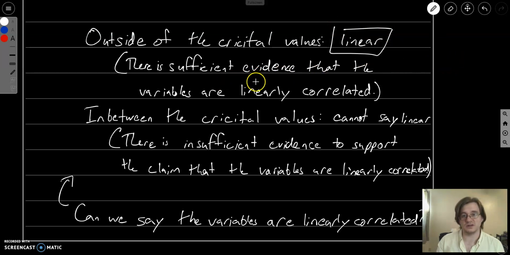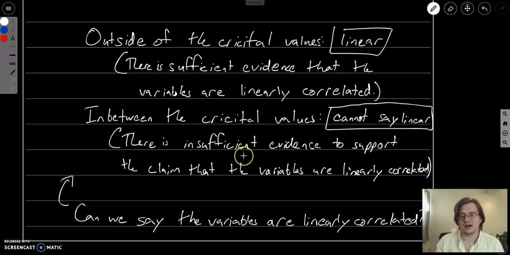And a more explicit way of saying this, we could say that there is sufficient evidence that the variables are linearly correlated. When we're in between the critical value and negative of the critical value, we can't say that it's linear.